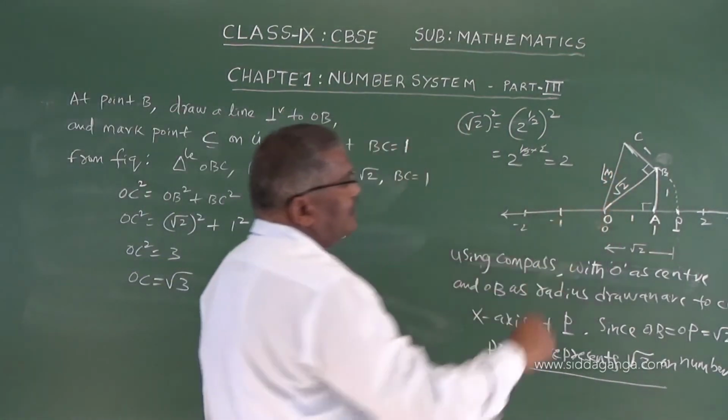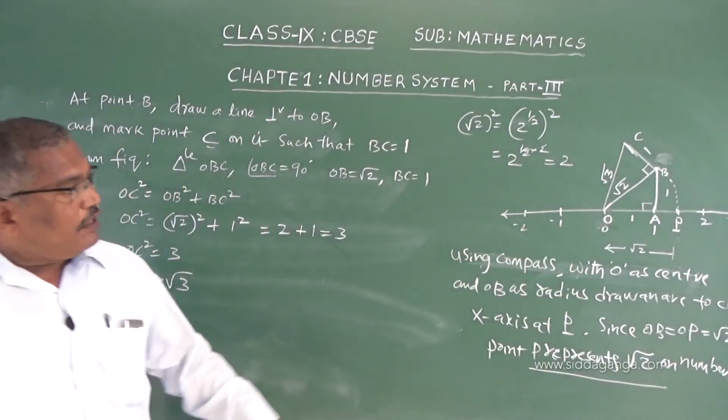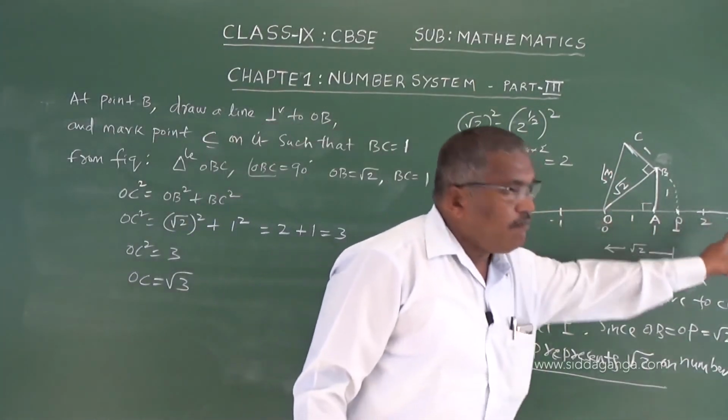This distance represents root 3, but we want root 3 on the number line.